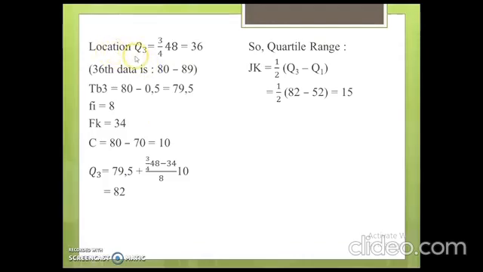Location K3: K3 equal to 82. So the quartile range Jk is equal to 1 divided by 2 times K3 minus K1, which is 1 divided by 2 times 82 minus 52, equal to 15.